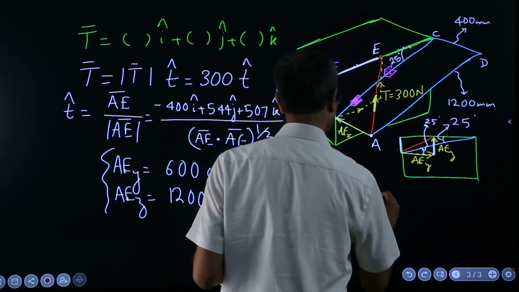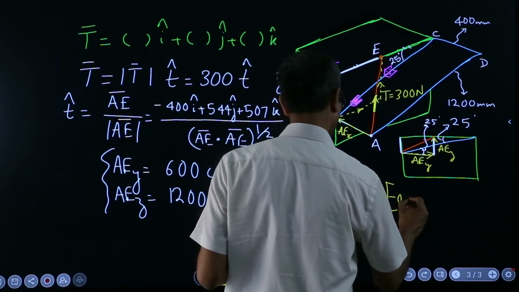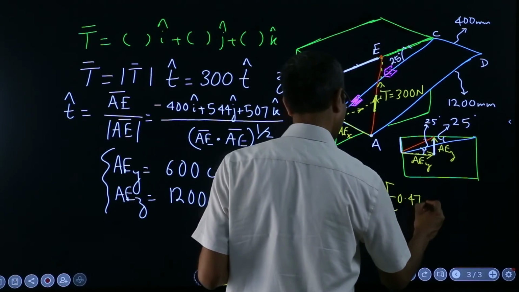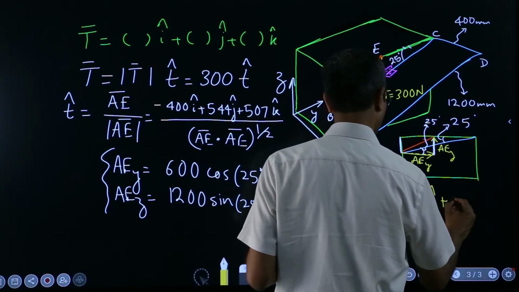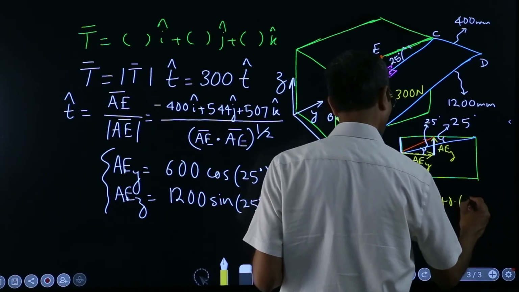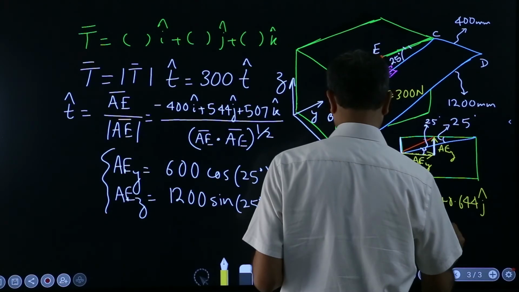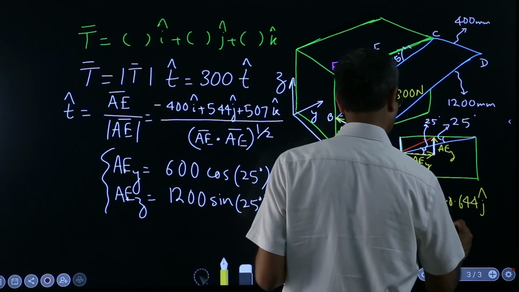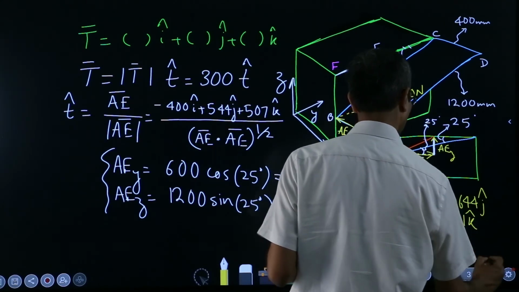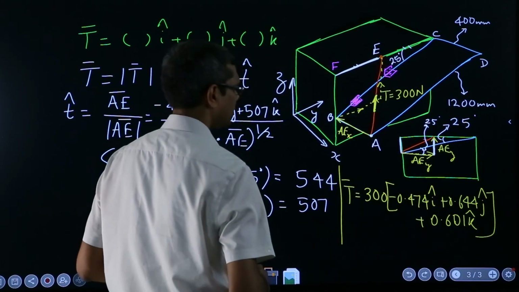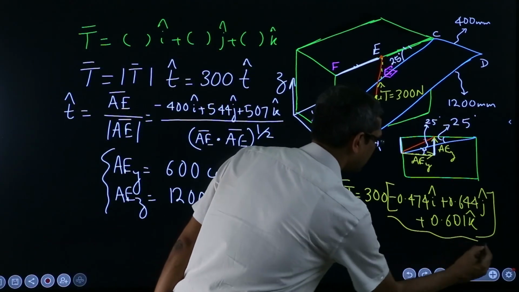So 300 times minus 0.474i plus 0.644j plus 0.601k. So this is what you will get, and that's the thing. So this is t hat.